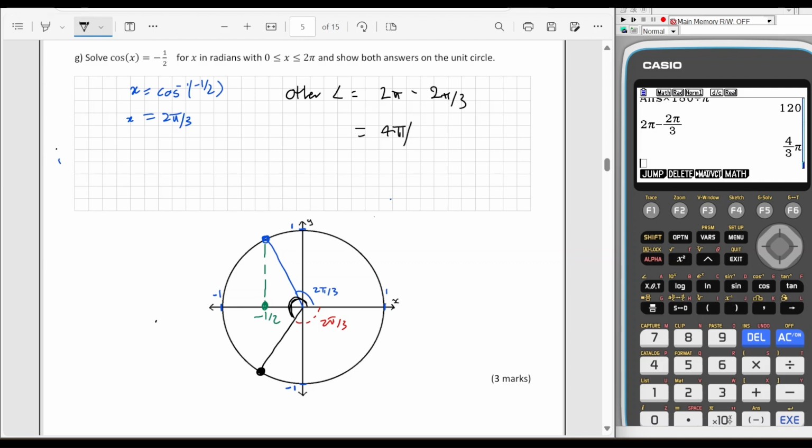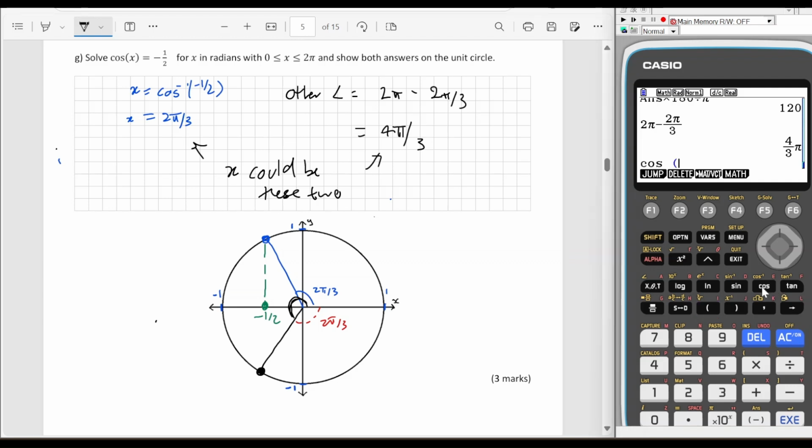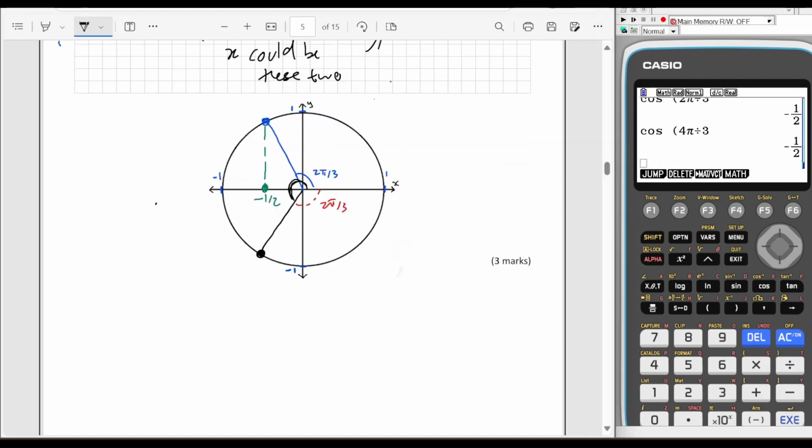Okay, so these are the x could be these two. So let's check it. So if we do cos of 2 pi over 3, we're going to get minus a half. And if I do cos of 4 pi over 3, I get minus a half. Groovy.